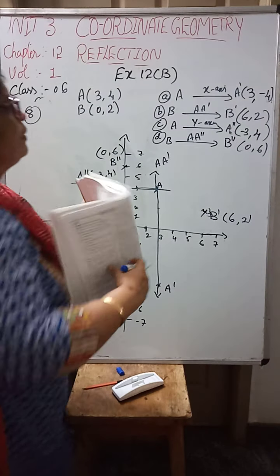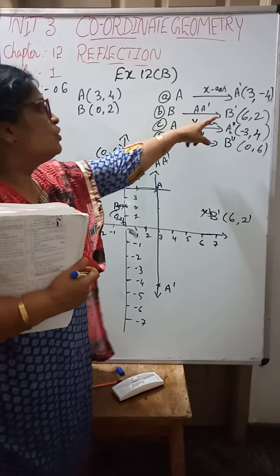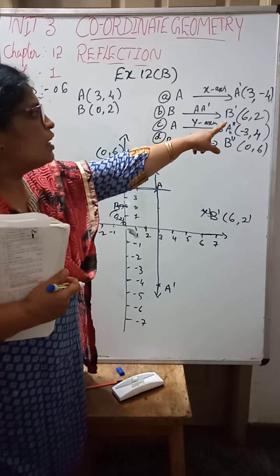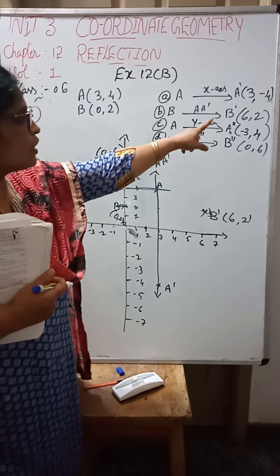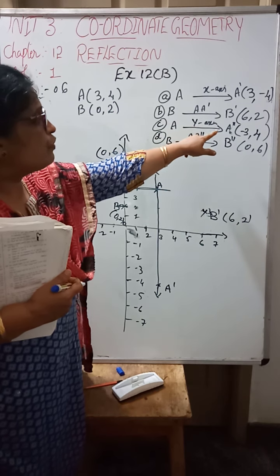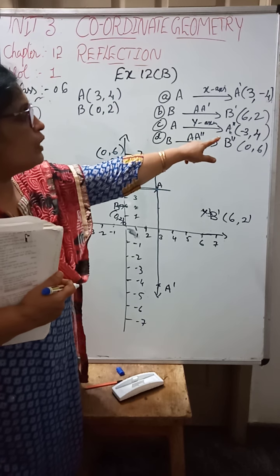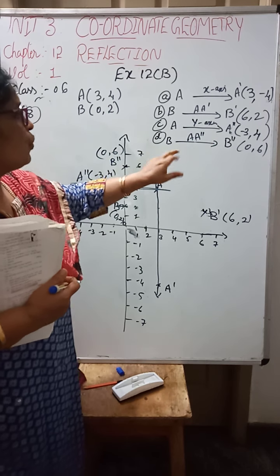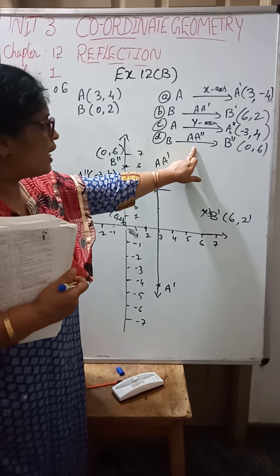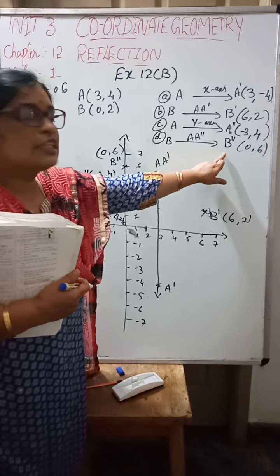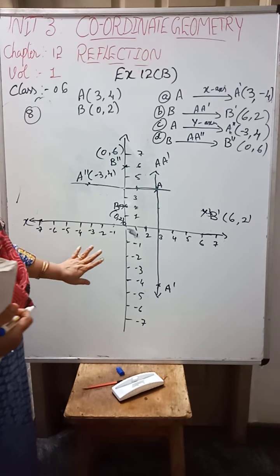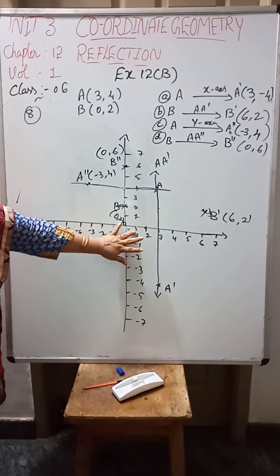B reflected in the line A dash becomes B dash and its coordinate is (6, 2). A reflected in the y-axis becomes A double dash and its coordinate is (-3, 4). B reflected in the line A double dash becomes B double dash and its coordinate is (0, -6). Children, go through carefully.